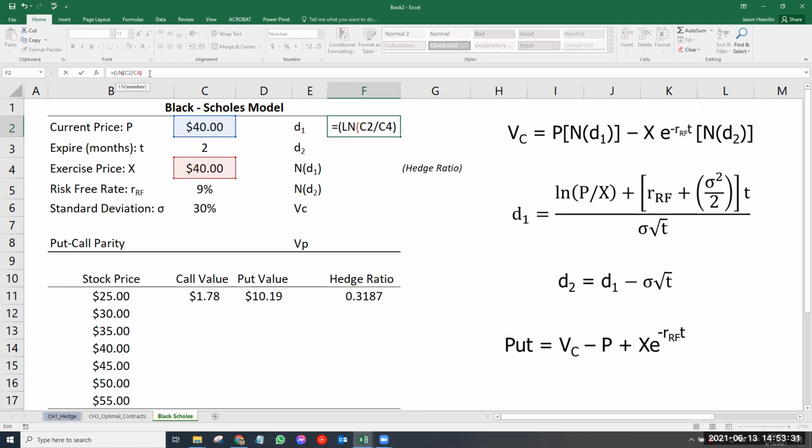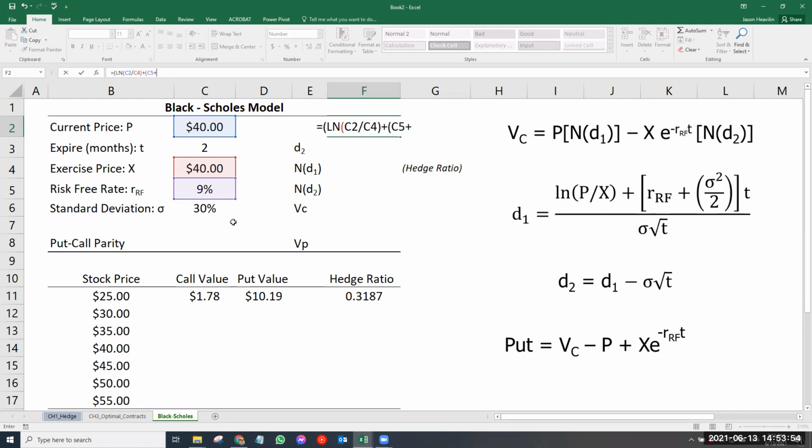All right, now we have to add. We're going to start adding this stuff. So we have the risk-free rate. We're going to add that, but it's also adding within that bracket the variance divided by 2. So what do we have?